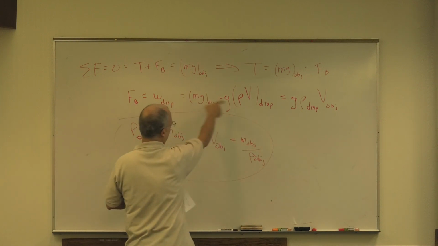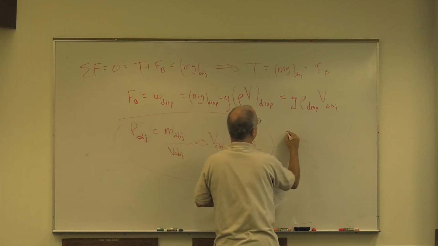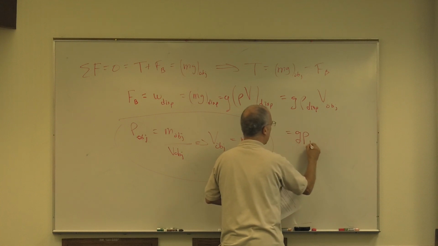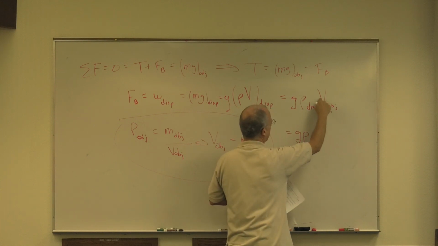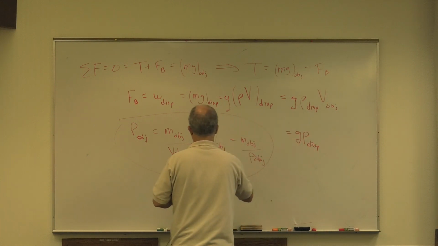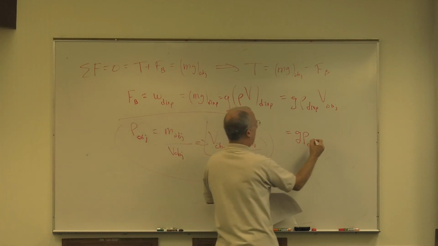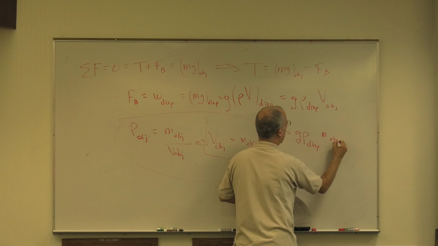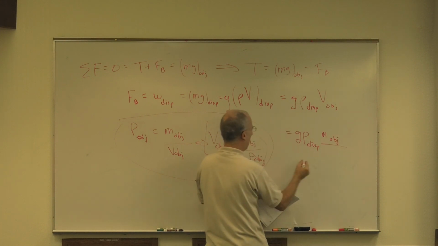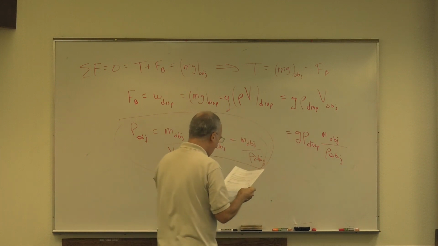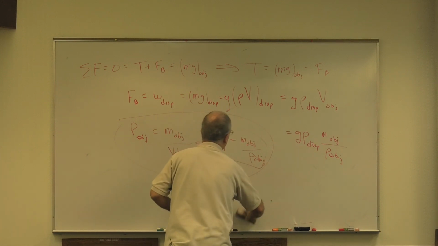Let's keep going with this. So the buoyant force equals g times rho displaced fluid times the volume of the object. And the volume of the object is this, so I'm just going to substitute mass object divided by rho object. There you go.